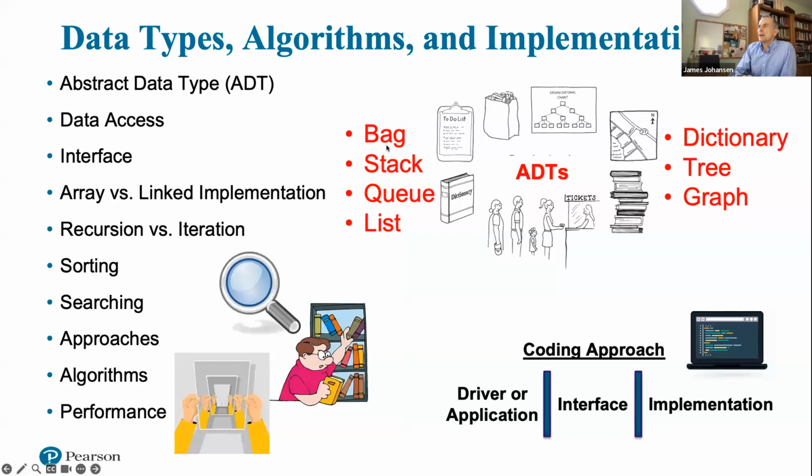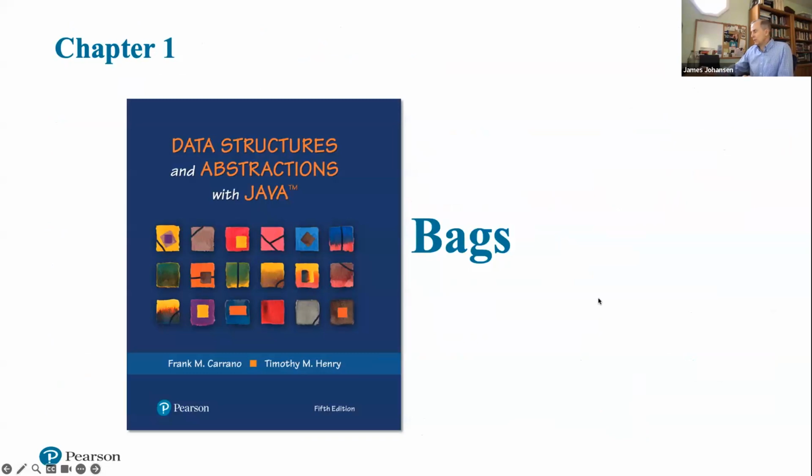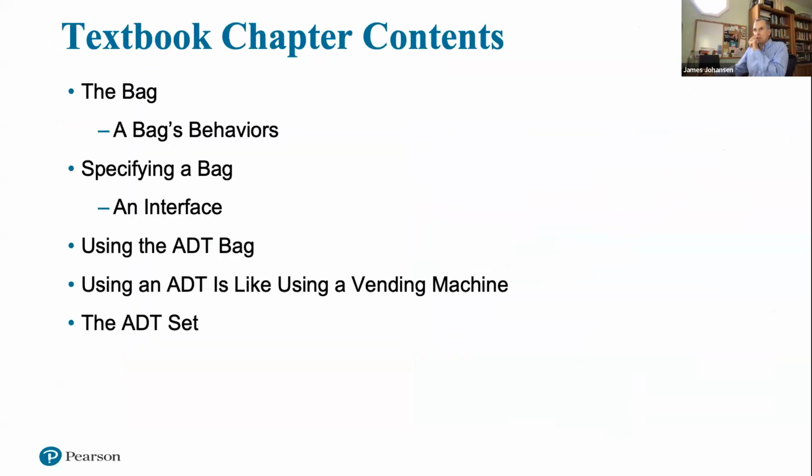So you don't need to have a tree or a dictionary or a list just to stick something in a bag and take it to your car. We want to apply that same kind of approach in each one of these. We're going to go from simple to more complicated, although there are more methods in bags, as you'll see compared to stack and queue, but that's kind of an aside.